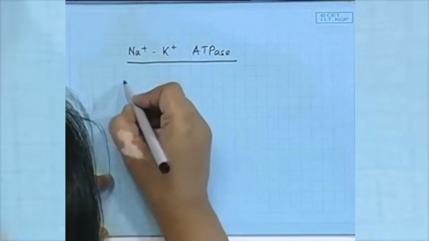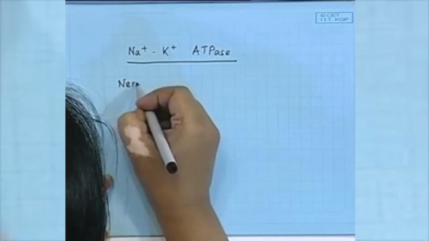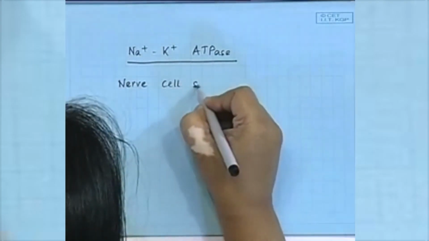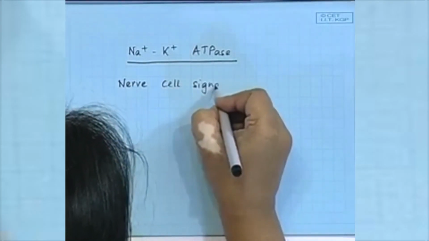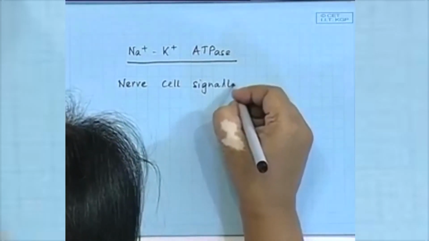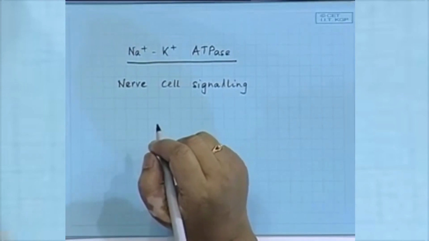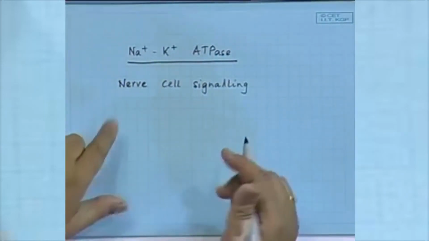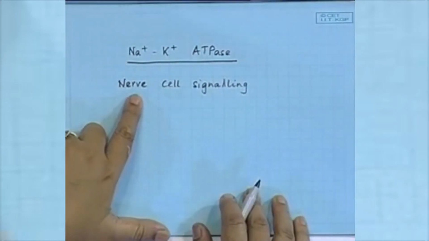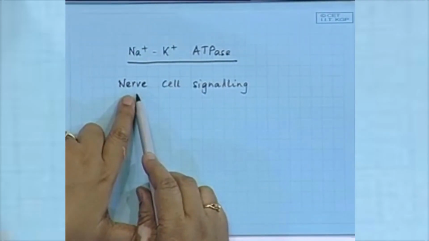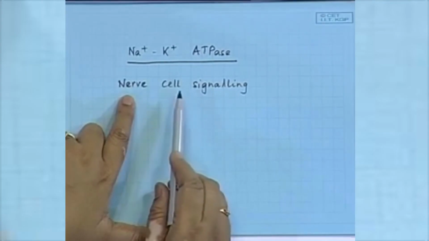Now, this is extremely important in nerve cell signaling, which is why if you have an imbalance, your brain gets affected and you have what is called confusion. Okay? You do not remember things because of the imbalance of sodium potassium. You do not have proper cell signaling, which affects your brain.